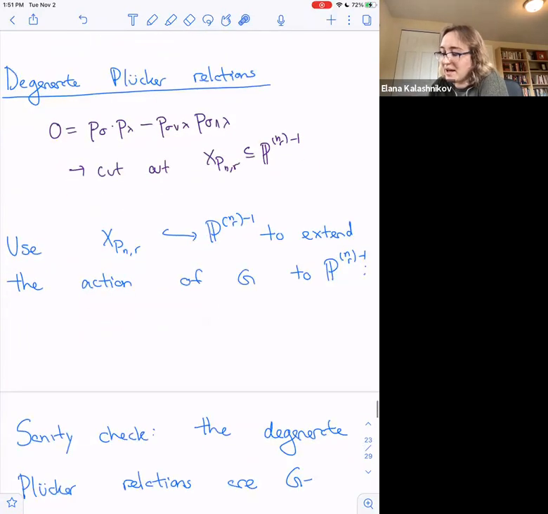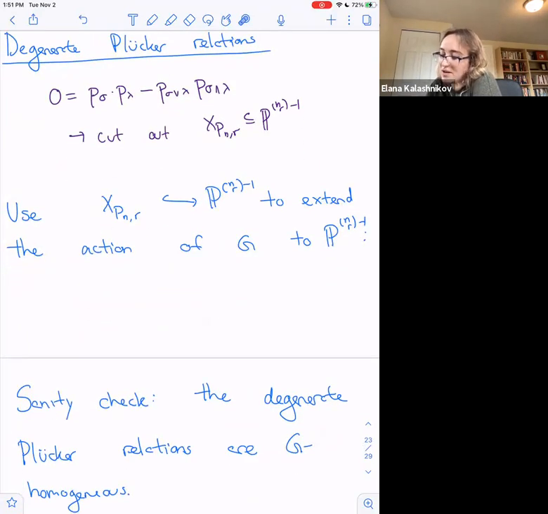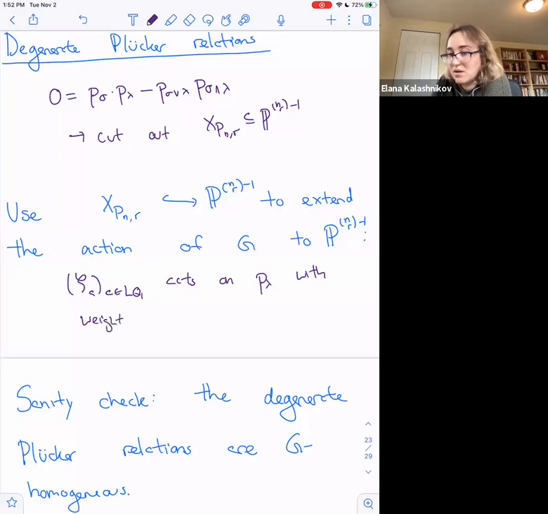Remember, we have this group action G acting on X_{P,n,r}, and we can use the fact that it sits inside projective space to extend the action of G to P^{(n choose r)-1}. So z^A inside the ladder quiver acts on p lambda with weight just taken by taking the product of the z^A's over all of the arrows inside that partition.